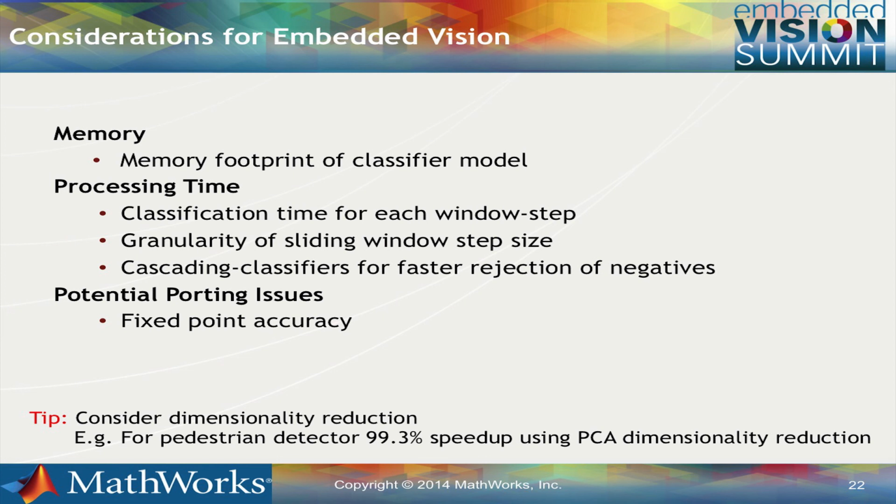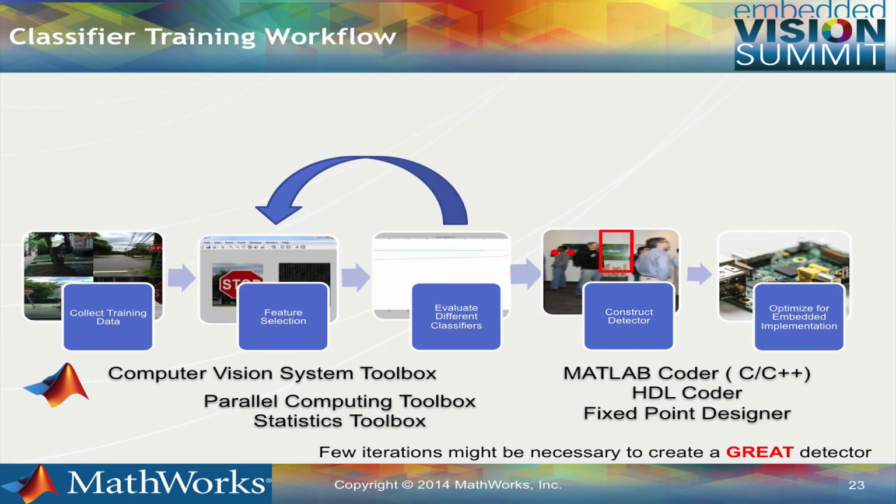Now, the last thing to remember is if you want to create a great detector, there's going to be one or two iterations between trying to figure out what the best feature is and what the best feature and classifier combination is. Now, when I created my pedestrian detector, I used a few MathWorks tools.